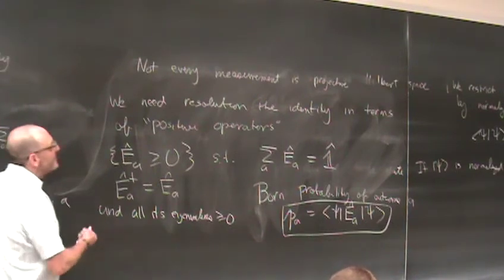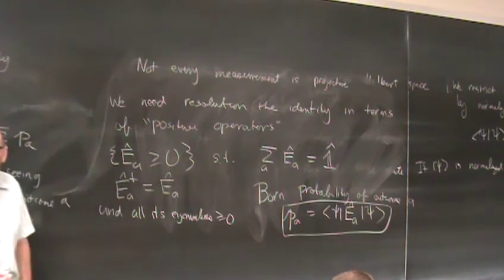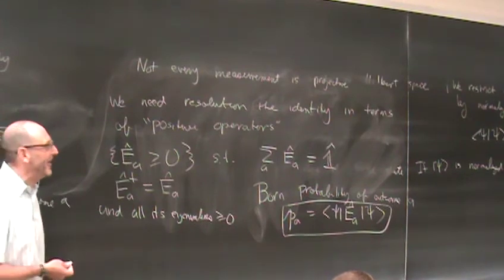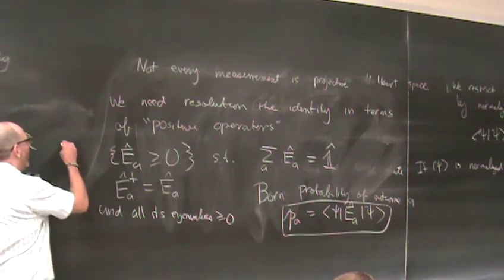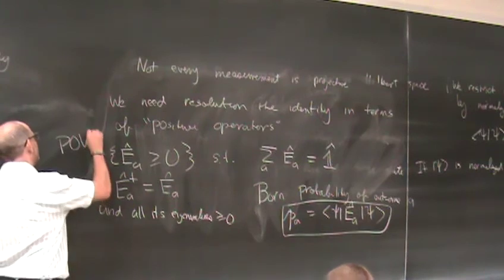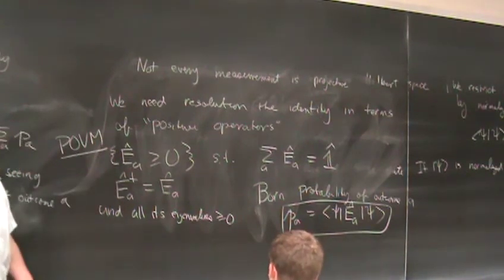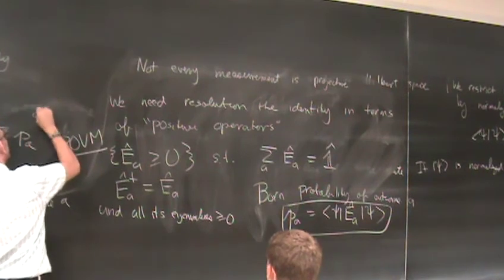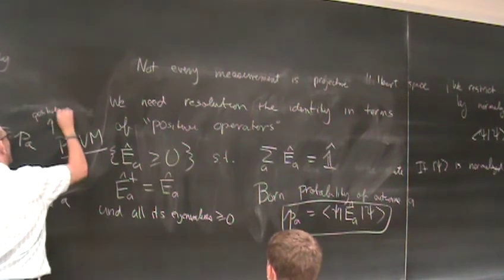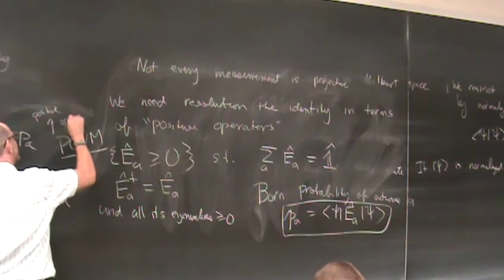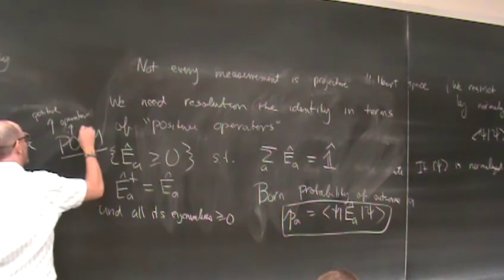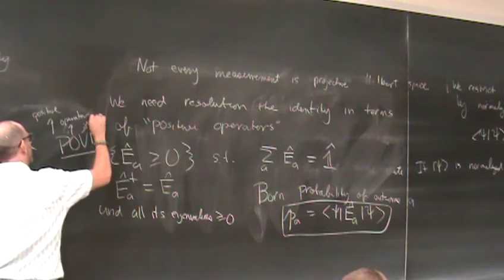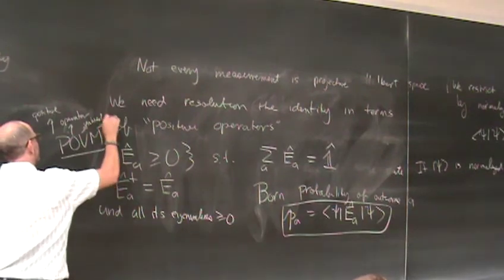This kind of thing has a very heavy-handed name that's arcane, but which still stands. It's called a POVM, which stands for positive operator value measure.